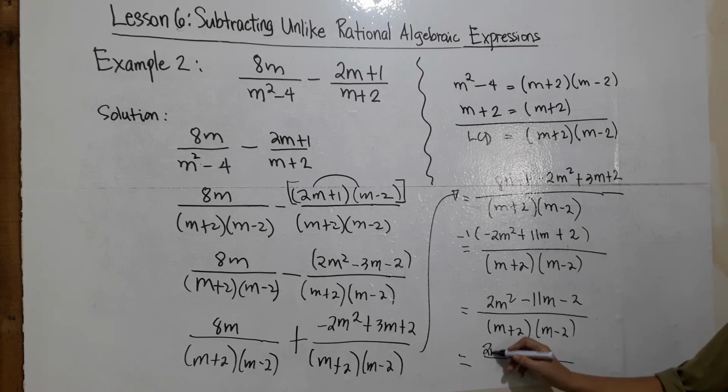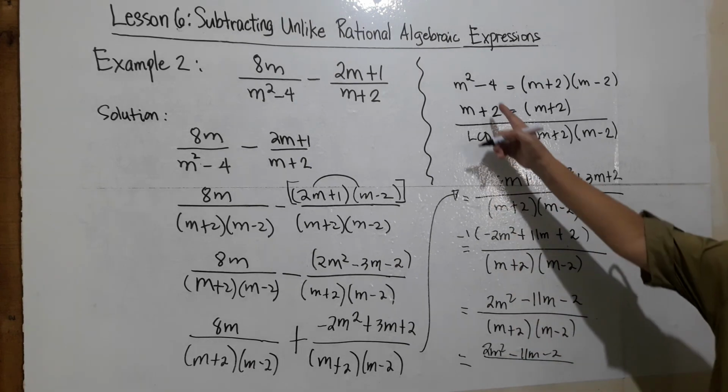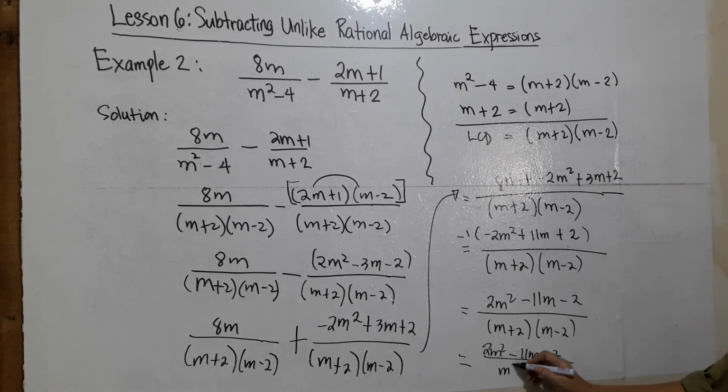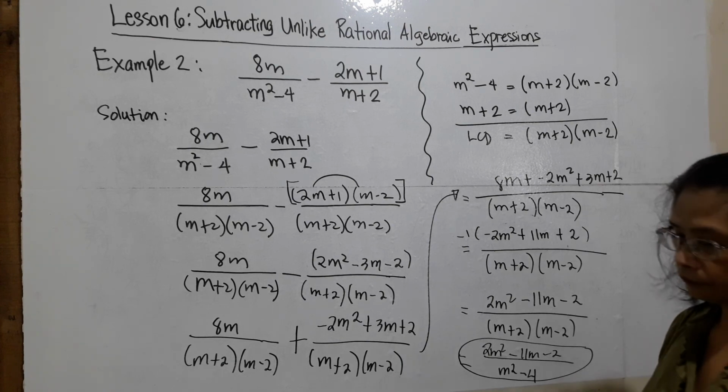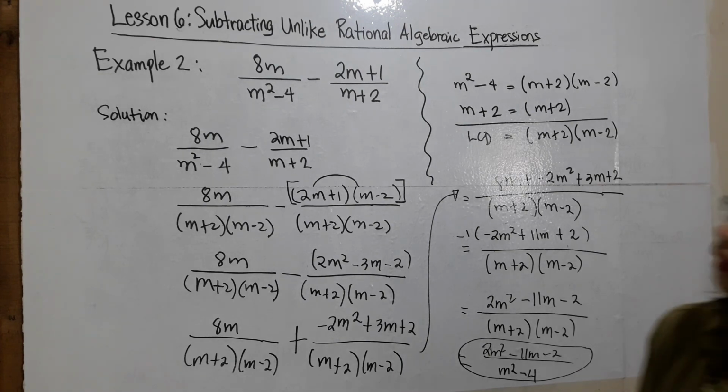We have 2m squared minus 11m minus 2. And for the denominator, we have to go back to m squared minus 4, which is the product of m plus 2 and m minus 2. So this is now the difference of example number 2. Okay? I think you understood.